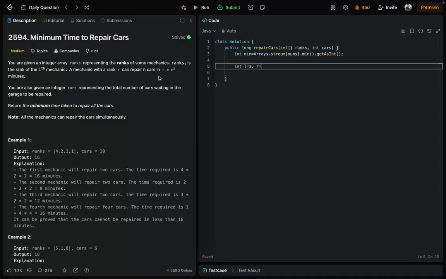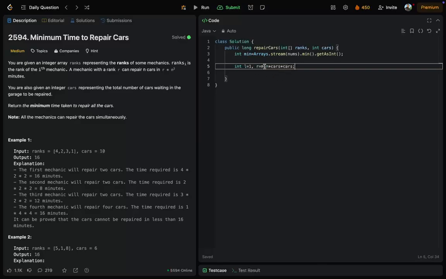So I have given 10 cars, and I have found the minimum value multiply n square. So n is the number of cars, multiply cars minimum.